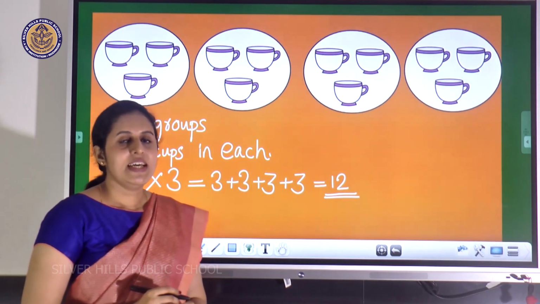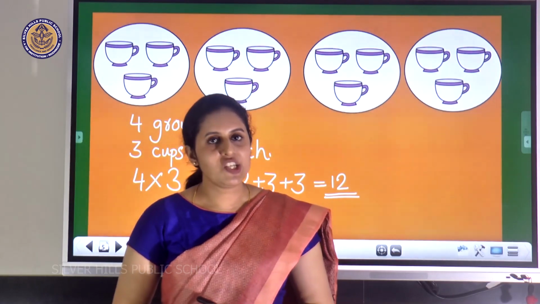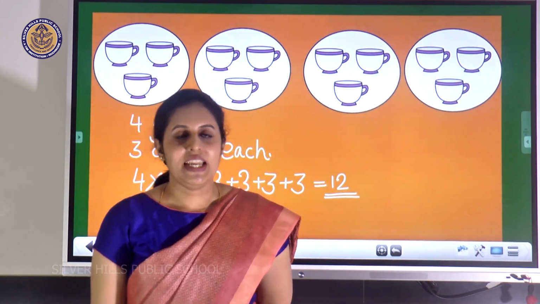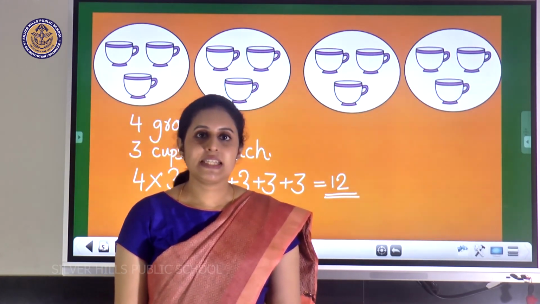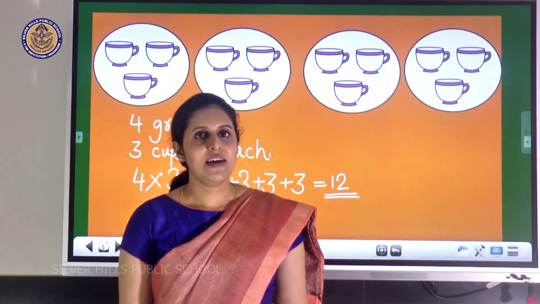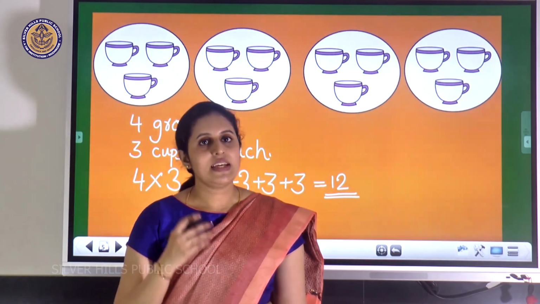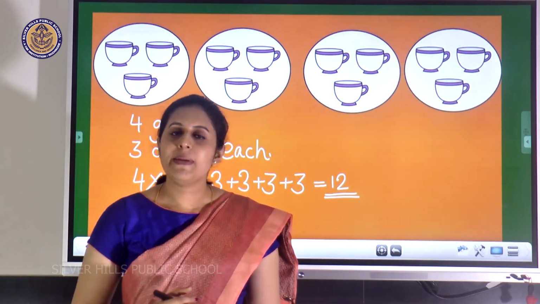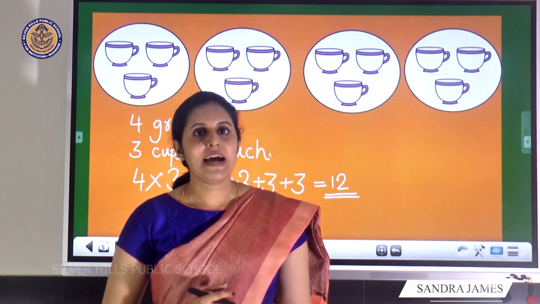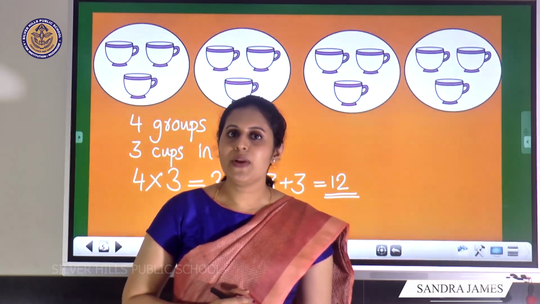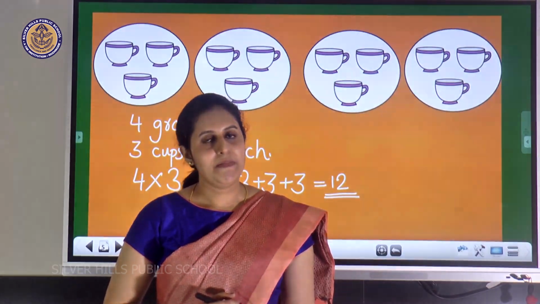See children, this was multiplication. What is this operation called? Multiplication. Yes. So, you find out how many objects are there altogether using multiplication method. Multiplication is nothing but repeated addition. And now you have seen several examples of how to calculate the total number of objects using multiplication method.